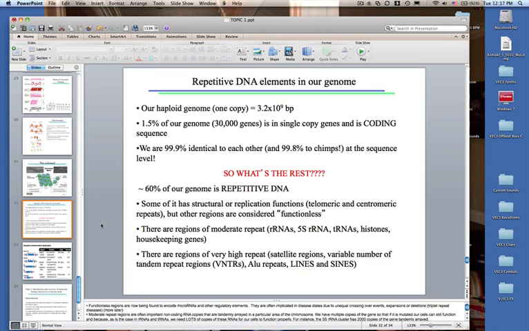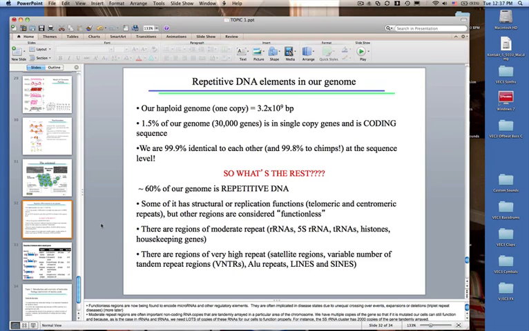Those are most likely occurring at Alu repeats, where we've got an Alu repeat on chromosome 3 and an Alu repeat over here on chromosome 7. Oh, they look kind of alike. Let's cross over here, and now all of a sudden we've got a chromosome 3 attached to a chromosome 7 p-arm. Okay, so Alu repeats can be very dangerous if we don't have proper surveillance of the recombination machinery. Luckily, we have that in general.